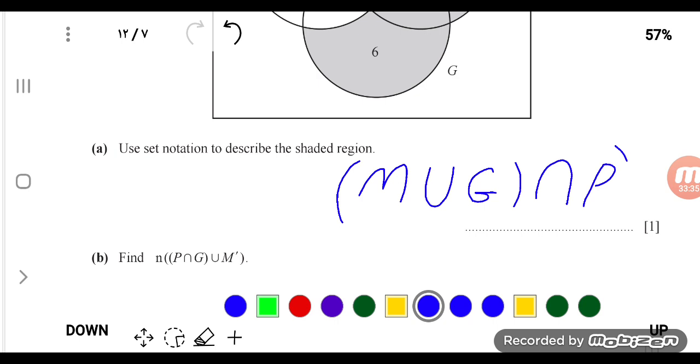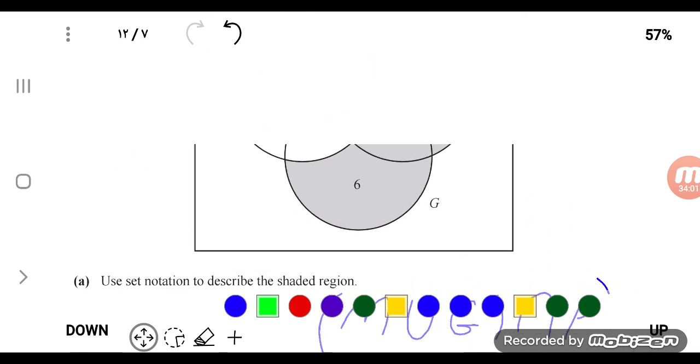Next question, find number of elements P intersection G union M prime. Now, union M prime, union means I have to take everything outside M and everything in the intersection of P and G. So let's look at the diagram.